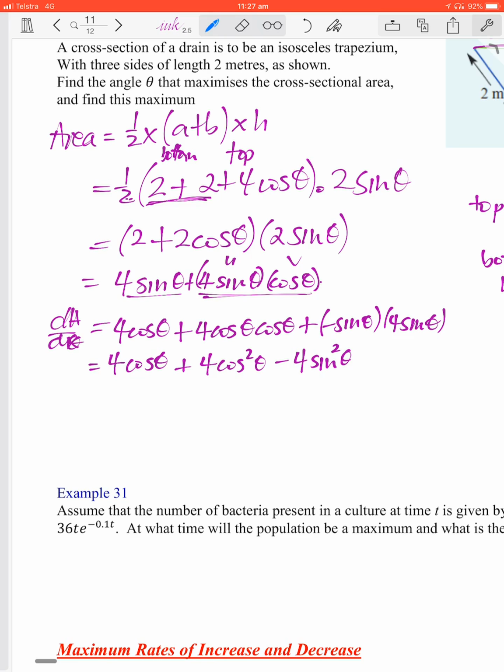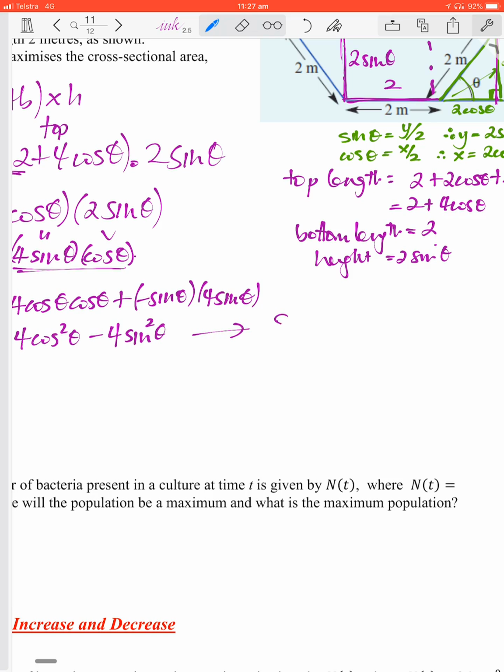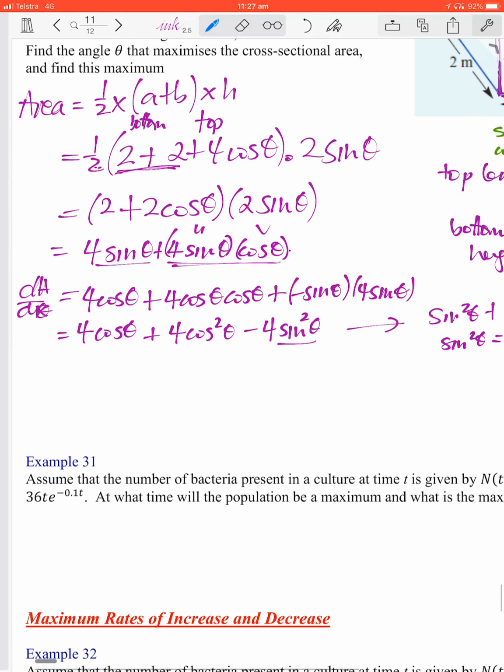Okay, this is pretty ugly because we've got sines and cosines, but we know there's a relationship between sin squared θ and cos squared θ. Sin squared θ plus cos squared θ is equal to 1. So we can say sin squared θ is equal to 1 minus cos squared θ and replace it into here. So we've got 4 cos θ plus 4 cos squared θ minus 4 times 1 minus cos squared θ.